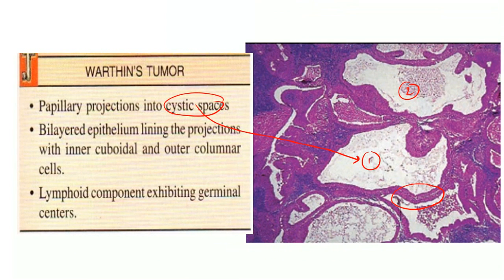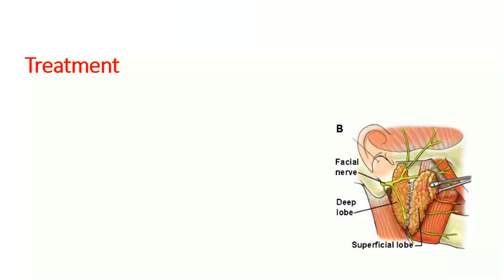So that would mean that the inner surface is cuboidal while the outer surface is columnar with palisading nuclei, right? The final thing is the lymphoid component exhibiting germinal center. All around this purple area that you see represents the lymphoid component, right? So cystic space, papillary projections which are bilayered, and lymphoid matrix.